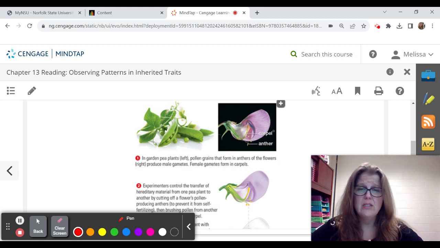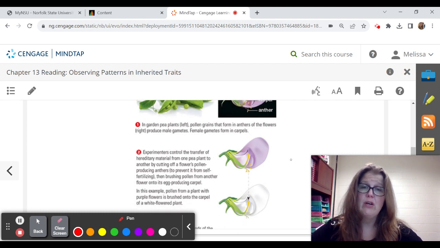The carpel produces the female gametes, the egg, whereas the anther produces the pollen or the sperm. And what he had to do to prevent the flowers from self-fertilizing was he removed the anther, the male part, and then he took pollen from another flower and brushed it on the carpel to pollinate it from somewhere else.